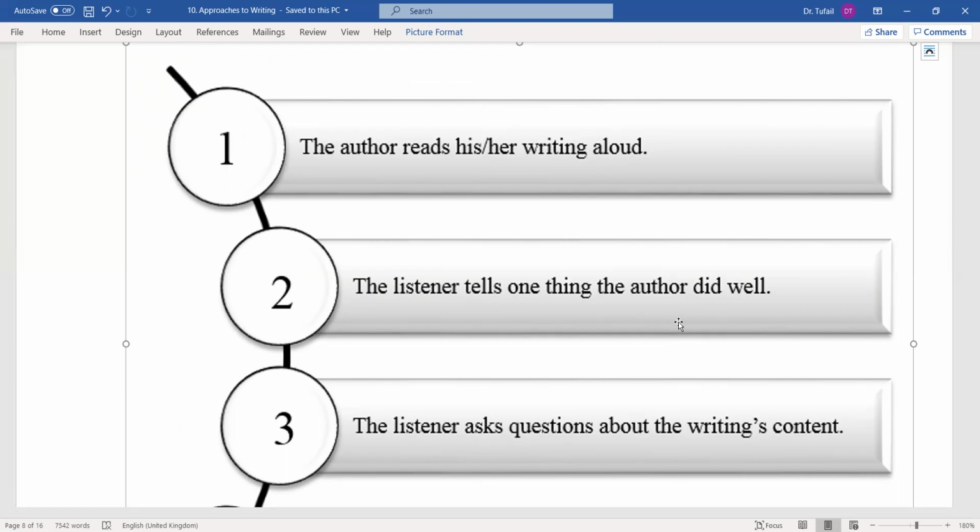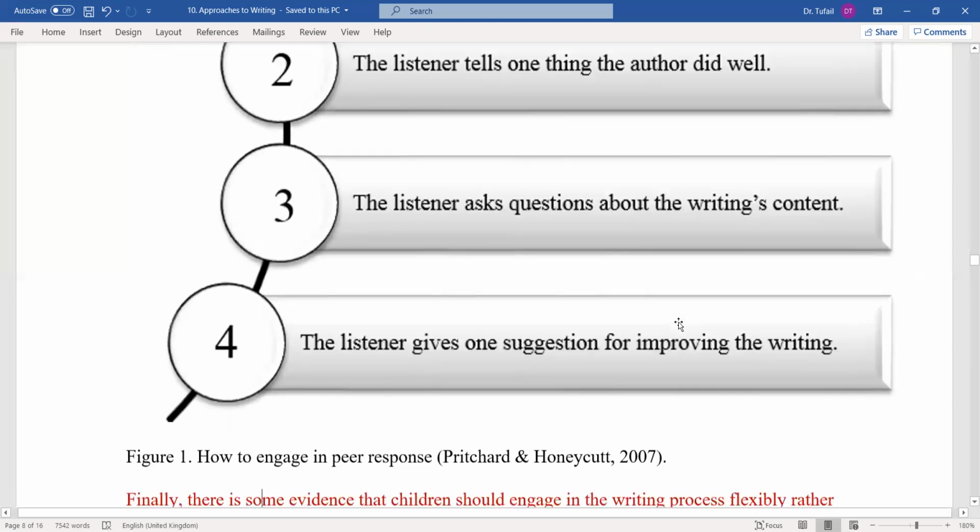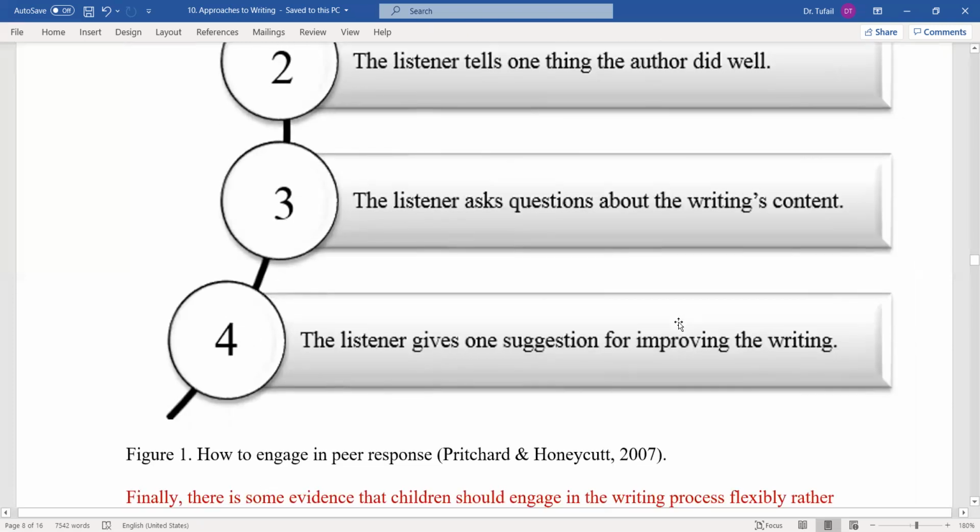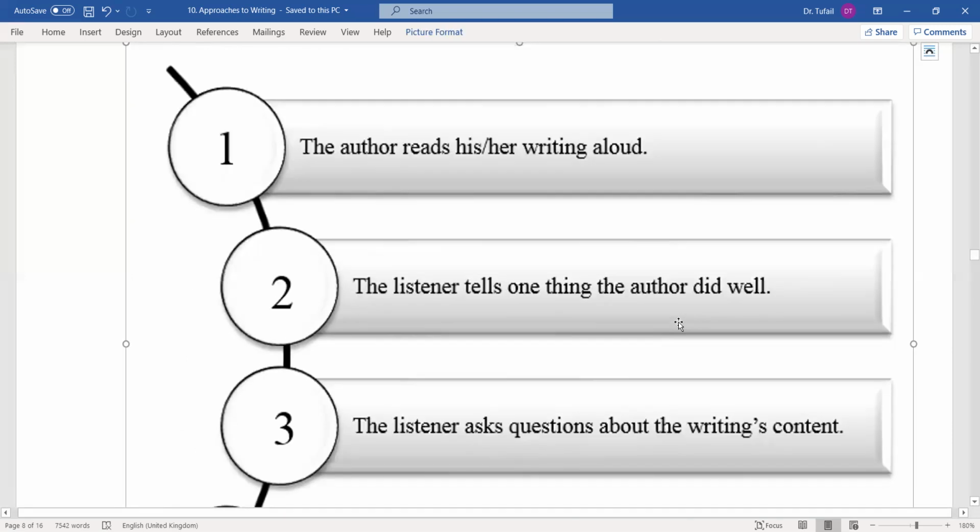Then the listeners ask questions about the writing content, what he or she has written, and then the listener gives one suggestion for improved writing.